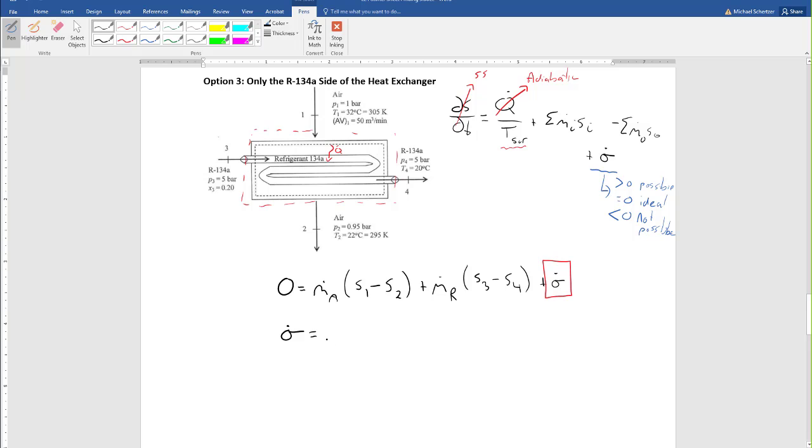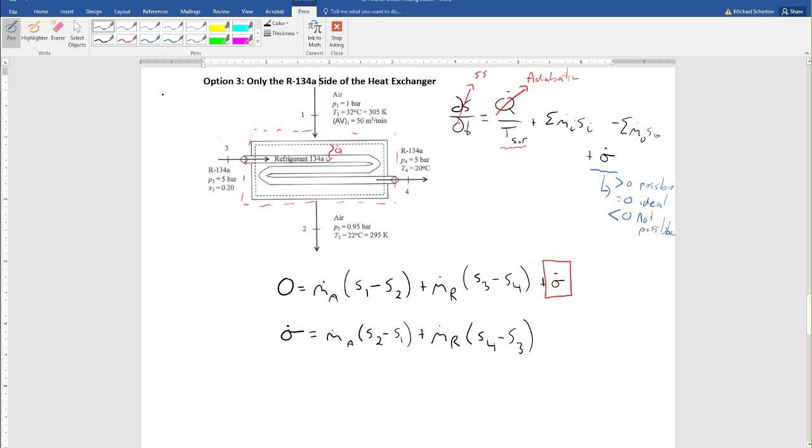So I'm still going to have m dot air, but I'm going to make this S2 minus S1 because I've moved it over. We can all agree that that's the same thing as if we just had negative m dot a times S1 minus S2. Hopefully we can all agree on that. m dot R, unless I made a big mistake here, S4 minus S3.